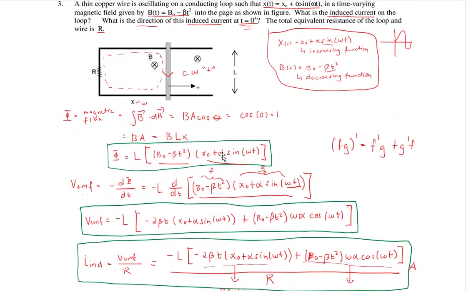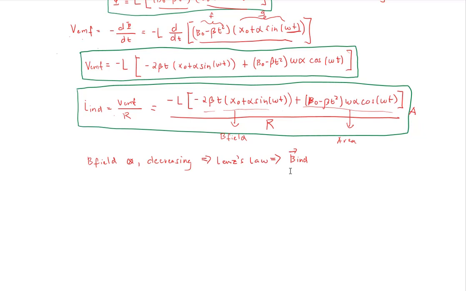So if the initial B field is going into the page but decreasing, then the system will have a B induced coming into the page to prevent more decreasing of the B field. If we let our thumb be B induced going into the page, our I induced is the curl of the fingers.